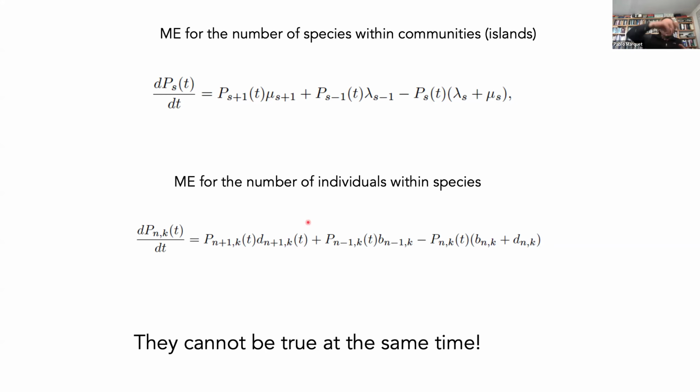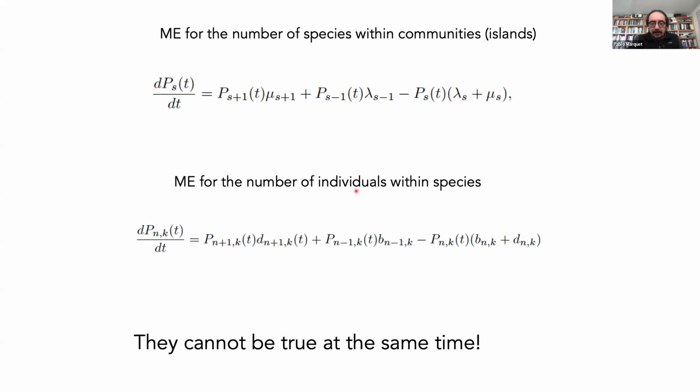You can have a lot of changes in the number of individuals and no change in the number of species, so the first master equation wouldn't be right, and it would be non-Markovian. So that was a problem.